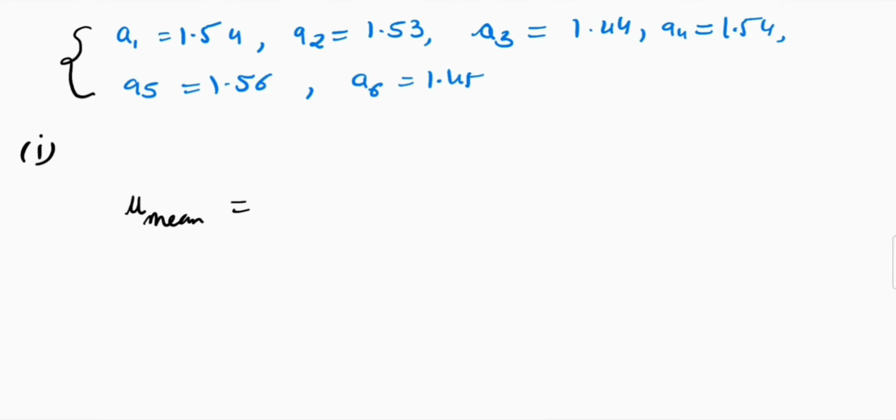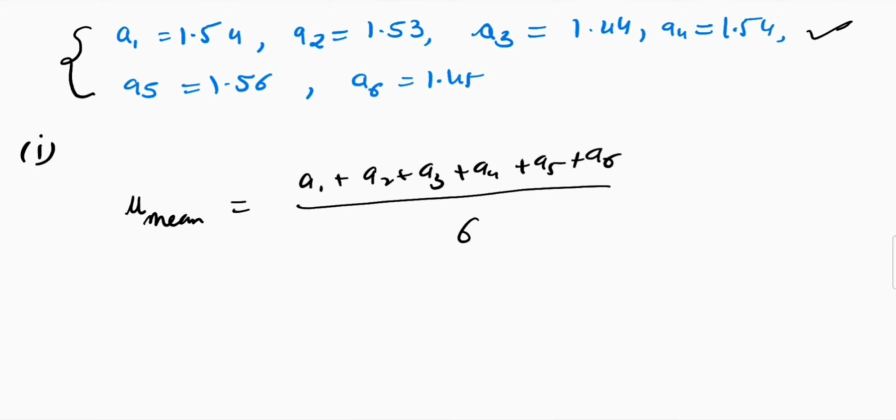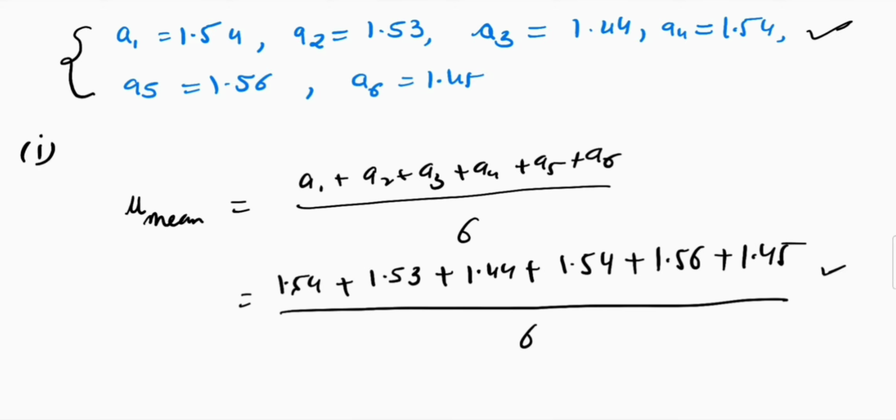So mean is equal to the sum of all these values, A1 plus A2 plus A3 plus A4 plus A5 plus A6, divided by 6. Now we'll put all the values here. Now we have to add them and divide that addition by 6. So we'll get here 1.51. So this is the mean value of the refractive index.